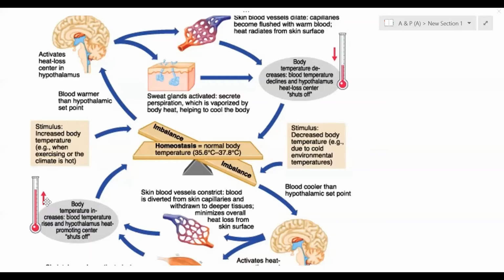They're going to be like, hey, wait, I'm feeling a little bit extra warm. And they send that information to the brain, the control center, more specifically the hypothalamus.